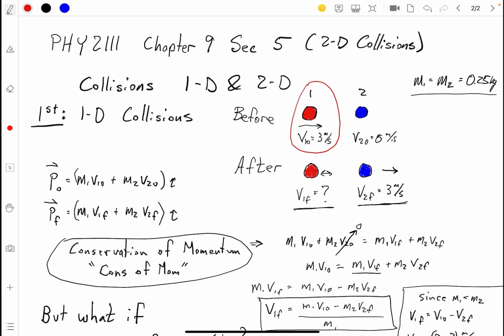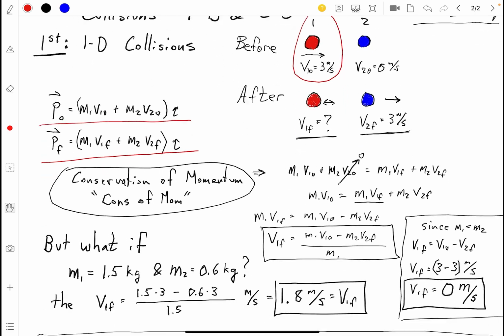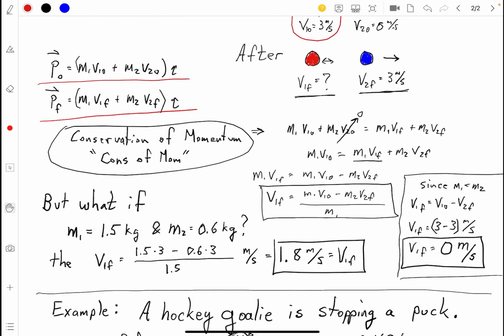So what are we going to do? We're going to say that in the x direction, the initial momentum is equal to the final momentum. Now, we know a lot of the things that we need to know about this. And when we write down those conservation of momentum equations, the first one we get is this one.